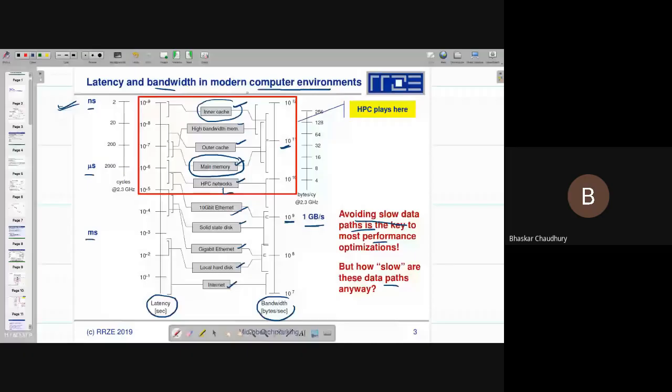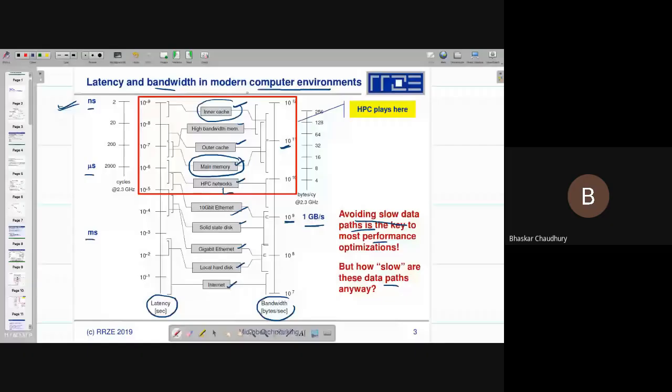We need to make sure that we reduce the traffic over the slow data paths. Unless we do that, we'll not get the best performance. A couple of important units to always remember are the bandwidth, bytes per second, the compute throughput, flops per second, and the latency, in seconds. These are three important terms.